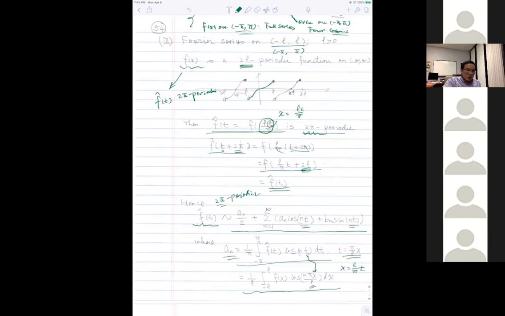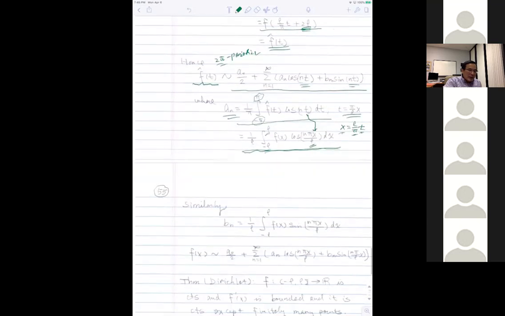When you do a substitution, remember, you also need to change the lower limit and the upper limit. When t equals π, x equals L. When t equals negative π, x equals negative L. That is why you have this formula to calculate the Fourier series.